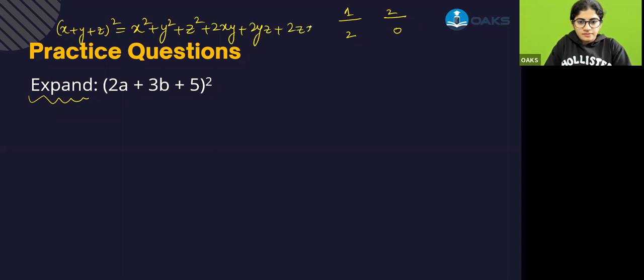The identity is expanded. Everybody should be writing in their notebooks. Try to put the values. At the end I'll be solving, but try to do this. This is a really easy question. You need to identify what is x here, what is y, what is z, and you need to expand it.